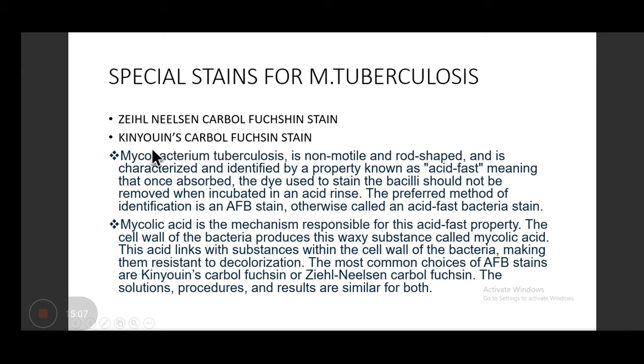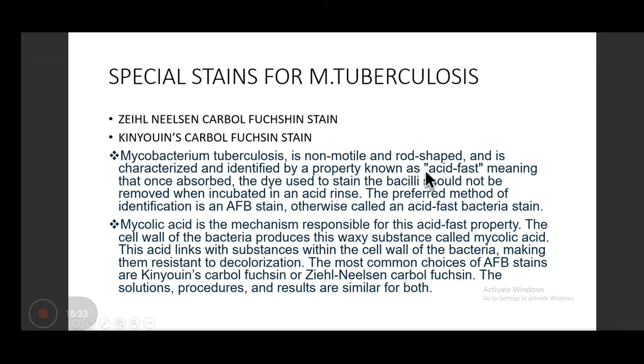Why do we say that Mycobacterium tuberculosis are acid-fast bacilli? Why are they called acid-fast? Because MTB is a non-motile rod shape, characterized and identified by a property known as acid-fast. Because it has mycolic acid in its wall, which is responsible for the acid fastness.